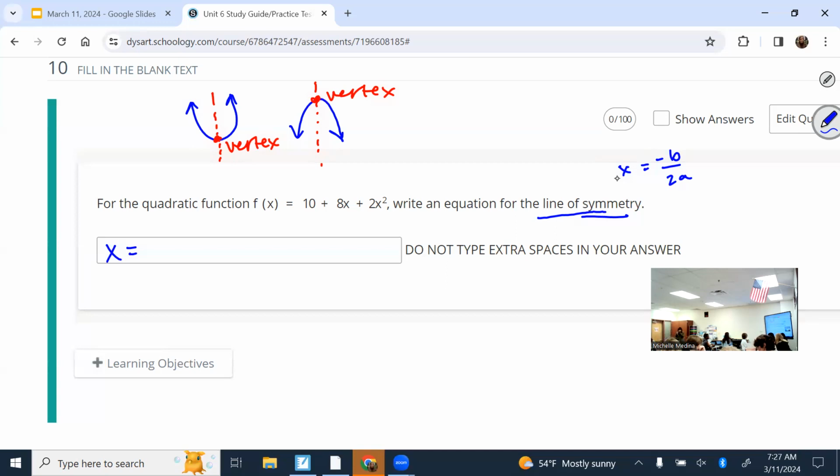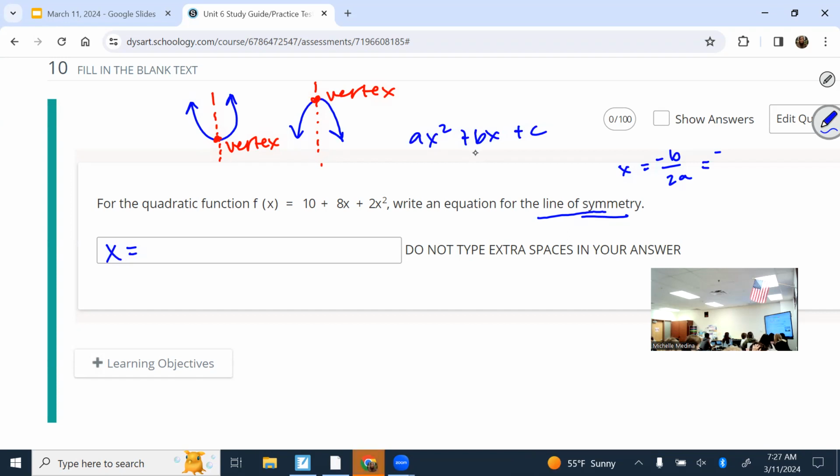So that's what we're looking for. The b and the a come from your ax squared plus bx plus c. I know we don't have a c in the line of symmetry formula, but later on you will use the c. But for line of symmetry, we don't need it. So if I plug into this formula, b is always what's in front of the x term.